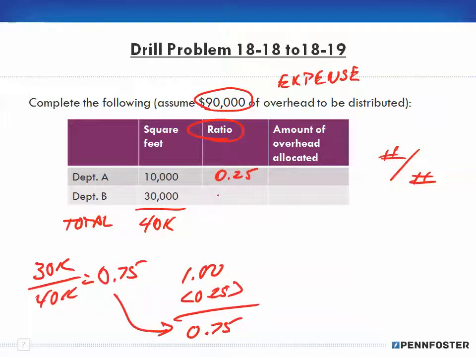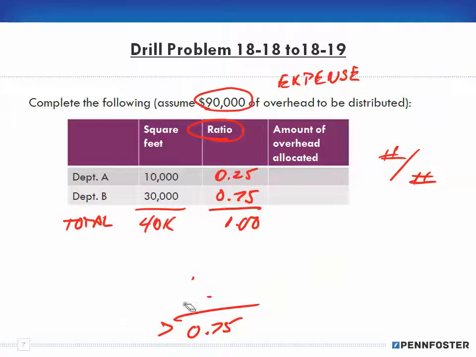Two different ways. And of course, they both equal 1, right? So now that we know what our ratios are, what our percentages are, because remember 0.25 is 25%, 0.75 is 75%, we multiply that times our total overhead, right, in order to figure out how much for that department.